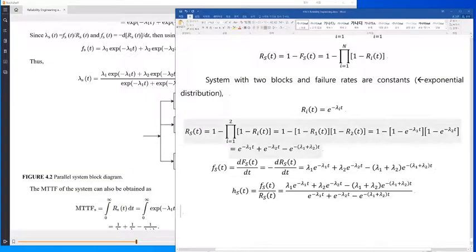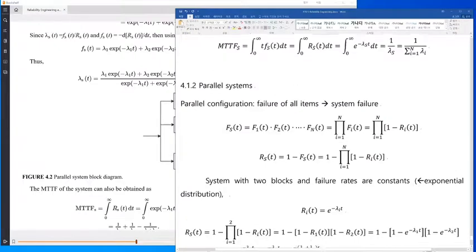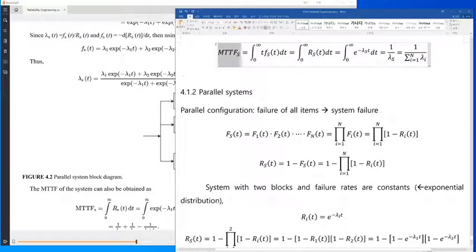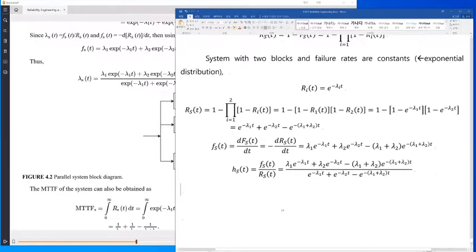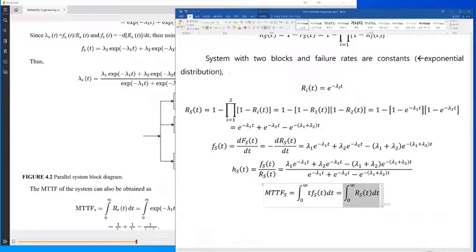And next, how can you calculate the mean time to failure? Of course, this is the basic definition. And I also told you that if we perform the integration by parts once, then we are going to get this relation. So mean time to failure can be calculated by integrating the reliability from 0 to infinity.